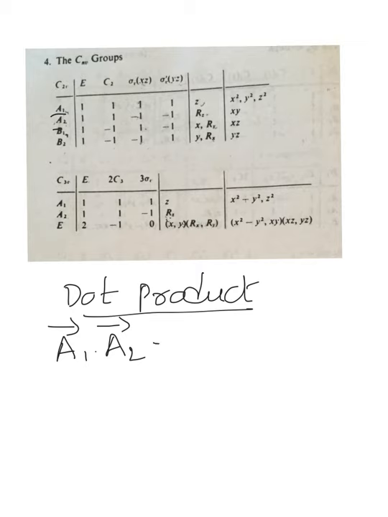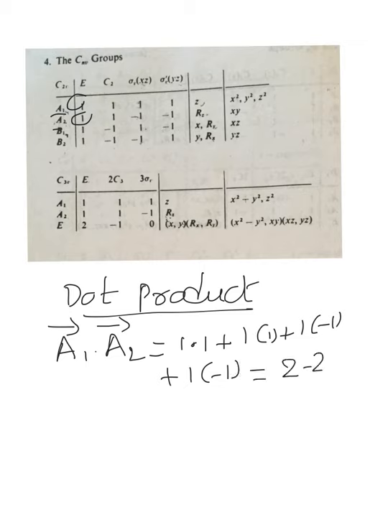So 1 into 1, plus 1 into 1, plus 1 into minus 1, plus 1 into minus 1. Overall it is 2 minus 2, 0. So A1 and A2 are orthogonal to each other.